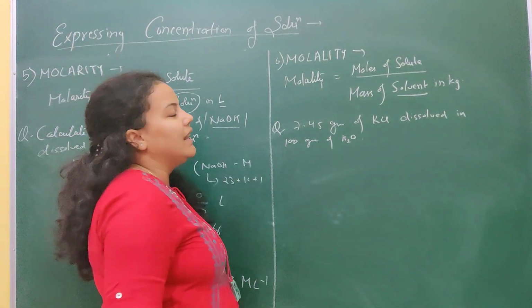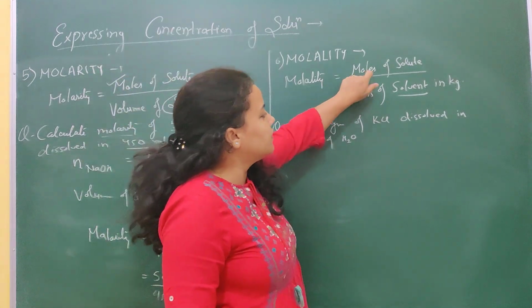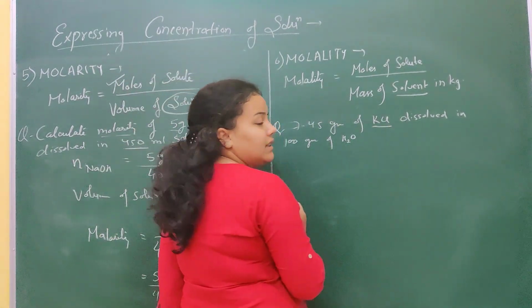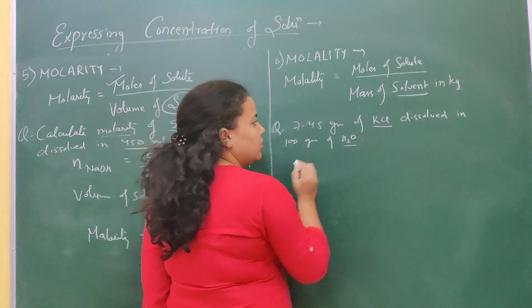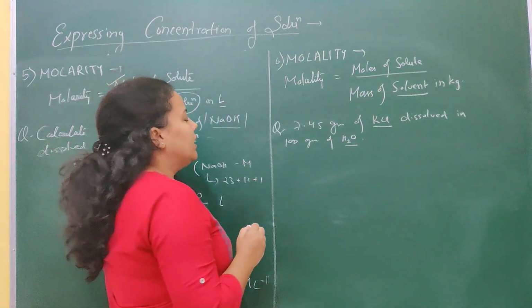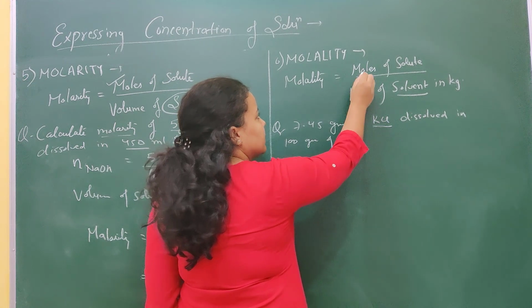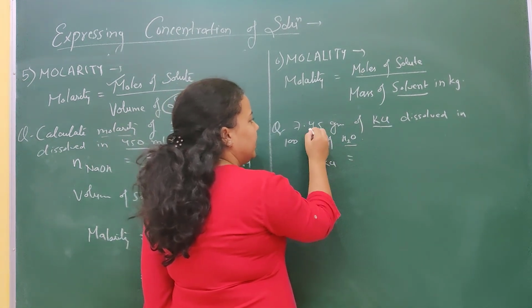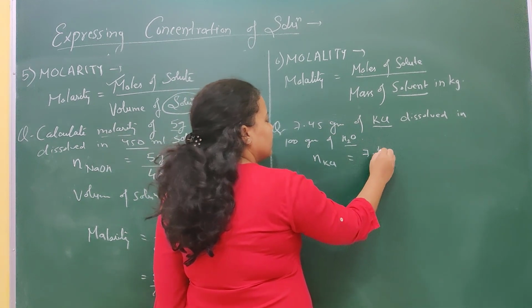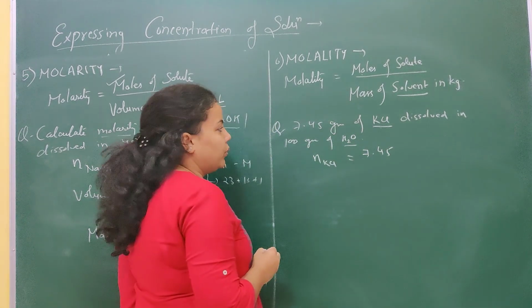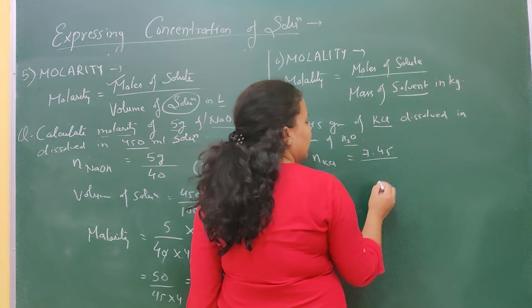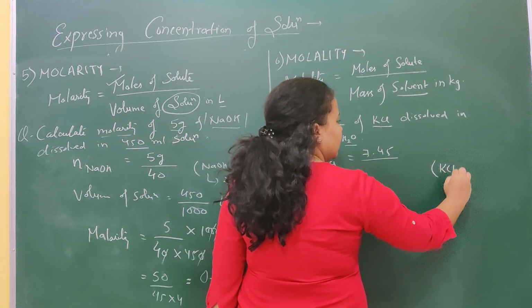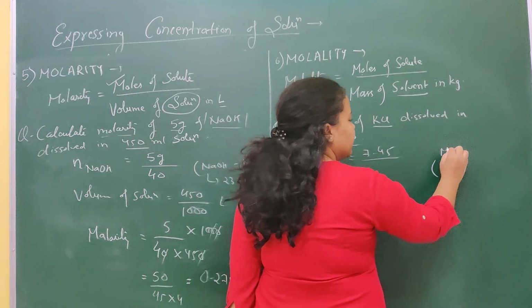Now moving on to molality, what is molality? It is moles of solute upon mass of solvent. Now here KCl is your solute and H2O is your what? Solvent. Now here I need to first calculate what? Moles of KCl, which will be, they have given you 7.45 upon KCl's capital M, that is molecular mass.